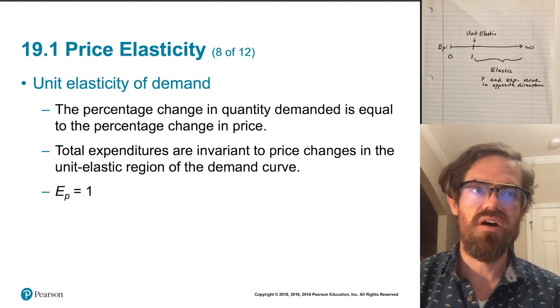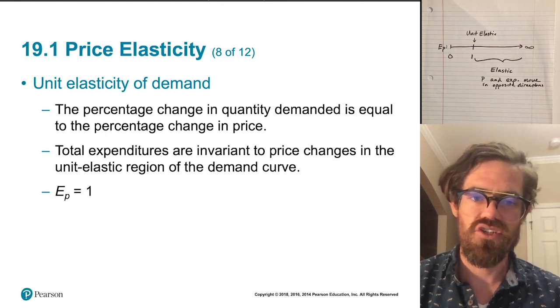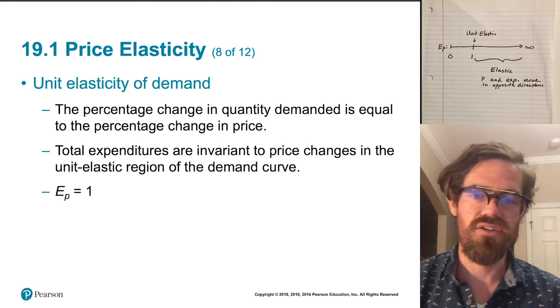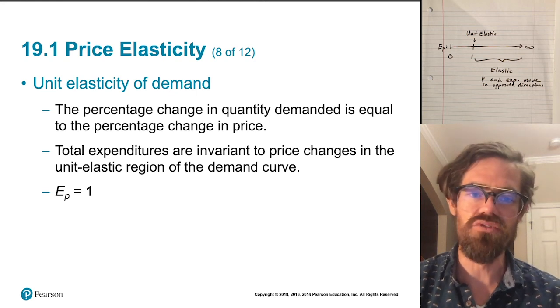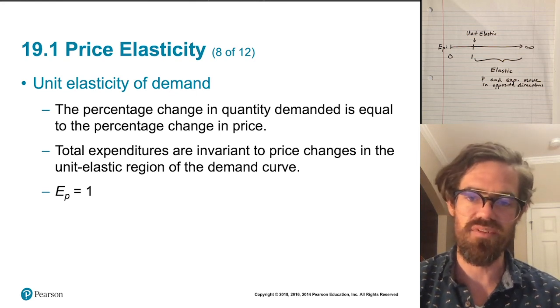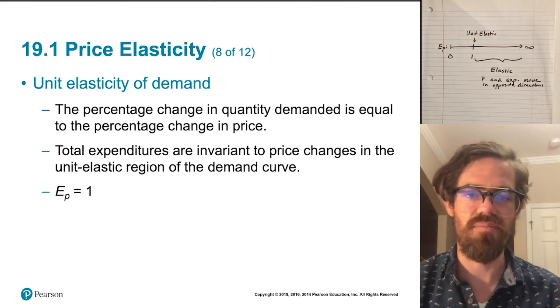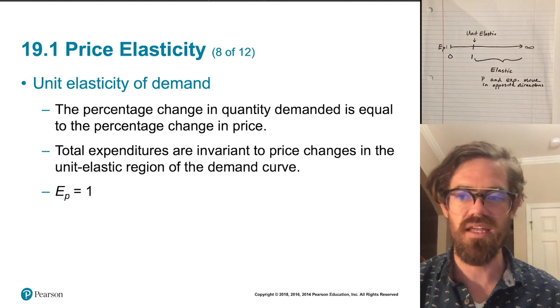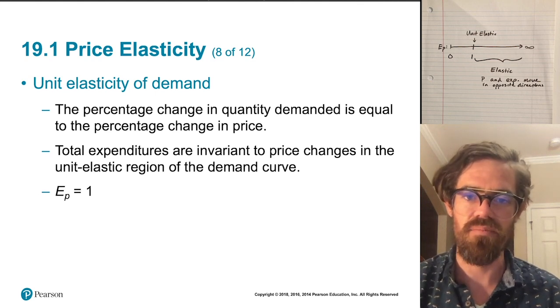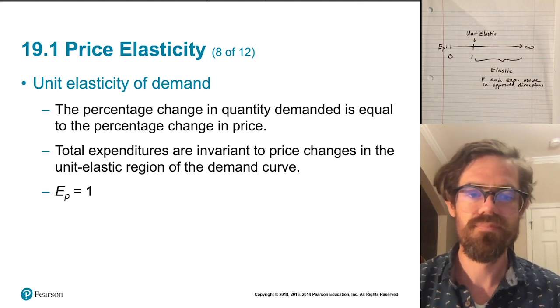What it means is that you respond in exact proportion to the price change, right? So if price goes up by 50%, you decrease your consumption by 50%. And so the increase in price is exactly offset by the decrease in quantity, and you end up spending the exact same amount of money.